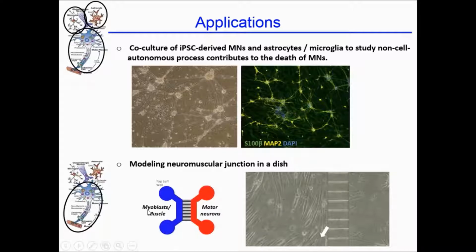But we are working on developing a protocol that will allow us to get muscle from iPS, so that we will really be able to get the neuromuscular junction of healthy individuals versus patients and see what's going on and what the difference is. And eventually to use it as a model for drug screening as well.